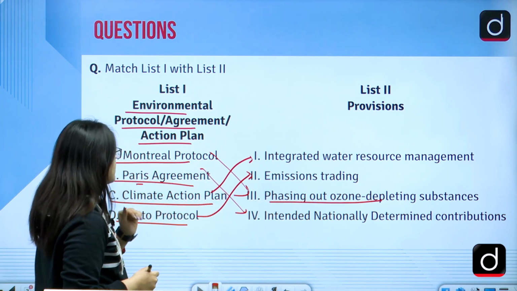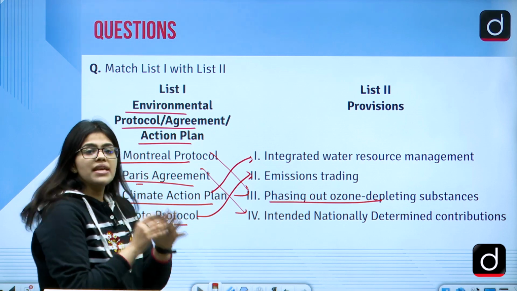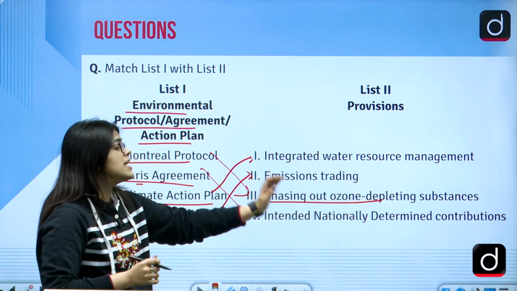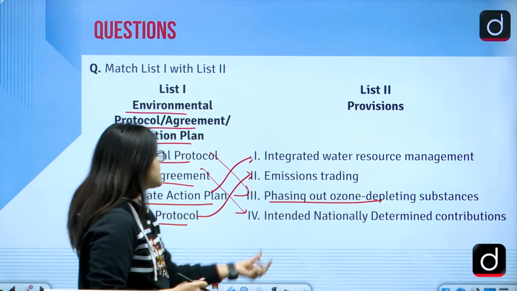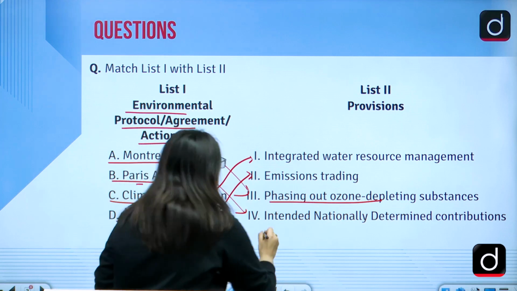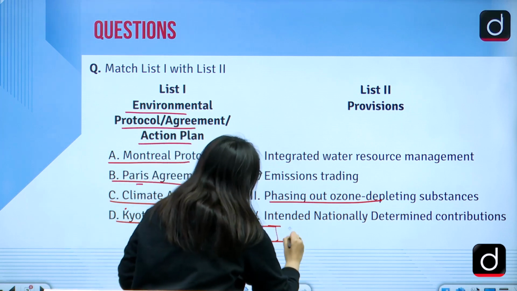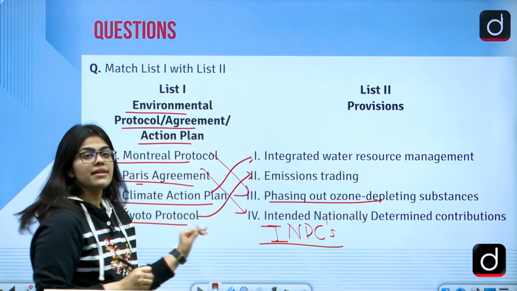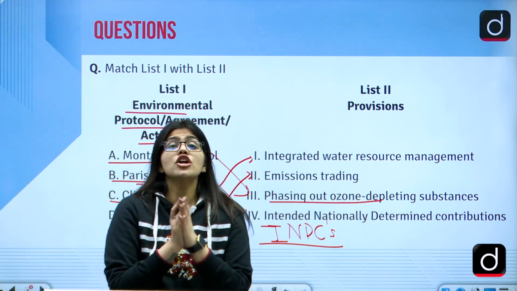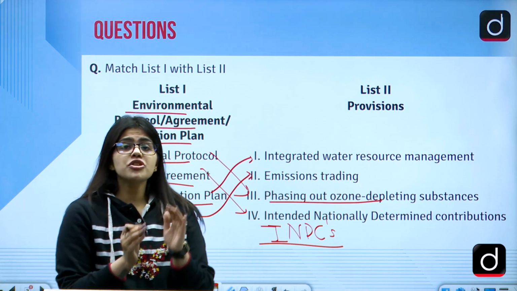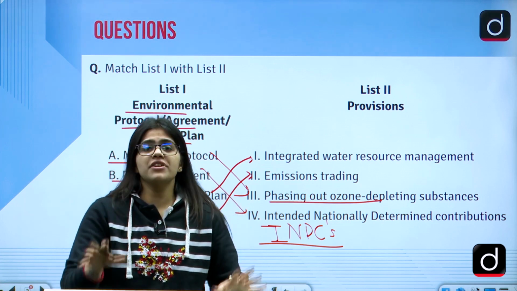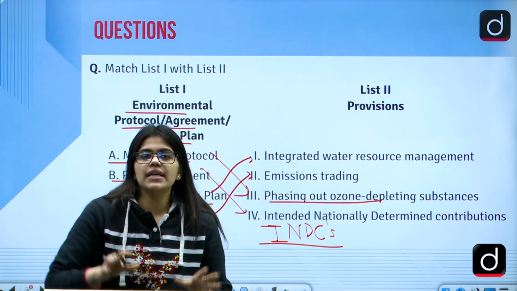Then we have the Paris Agreement. Paris Agreement is a very important agreement, and it talks about the intended nationally determined contributions, that means the INDCs. You will see this word a lot of times. INDCs are basically the heart of your Paris Agreement. Paris Agreement talks about how the temperature of the different countries or the globe was increasing.